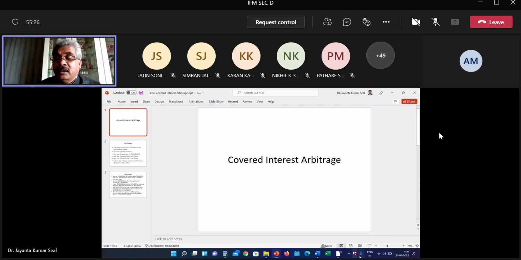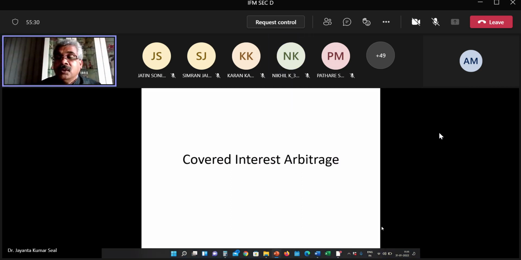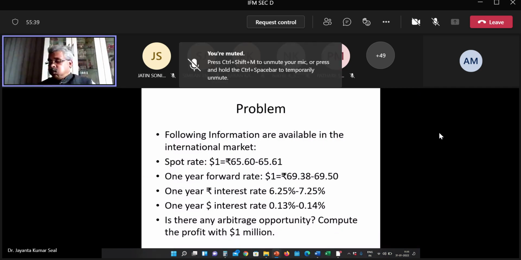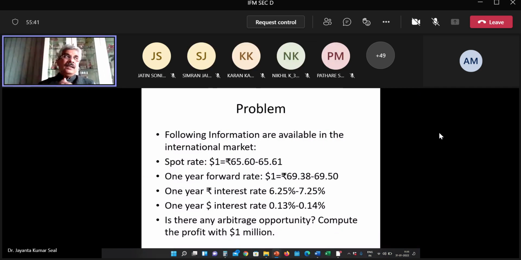Can you see covered interest arbitrage? Yes, sir. So see this problem. Last time we had done with a single rate. That is, what did I do?